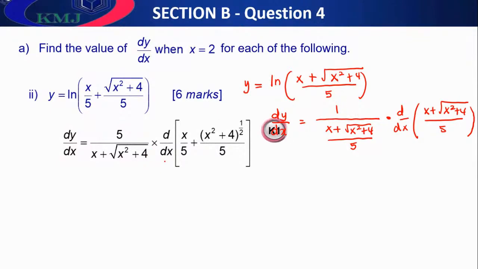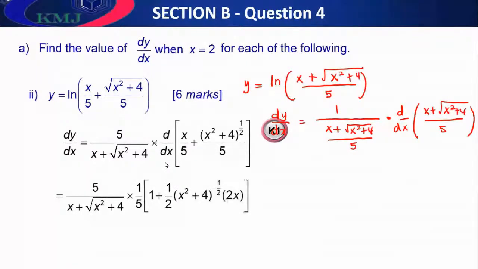Okay, K1, and then we need to differentiate the function inside this bracket. So differentiate x over 5, you will get 1 over 5. Let me copy it down here, times x squared plus 4. Differentiate x over 5, you get 1 over 5.